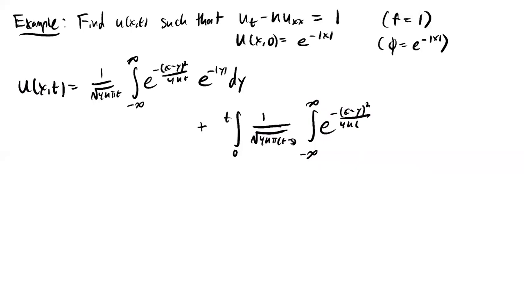Again, we're at time t minus s instead of t, and then applied to f of y comma s dy ds. Right, but in this case, f is just 1. Right, so this simplifies a little bit.